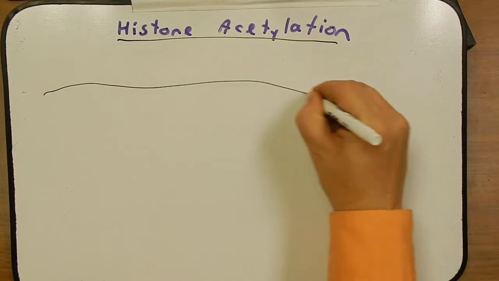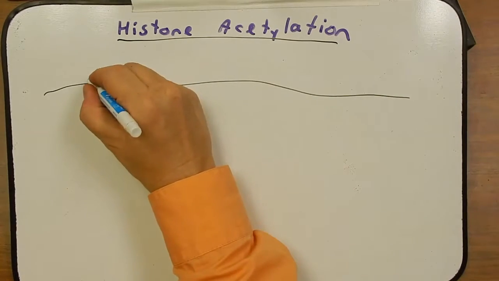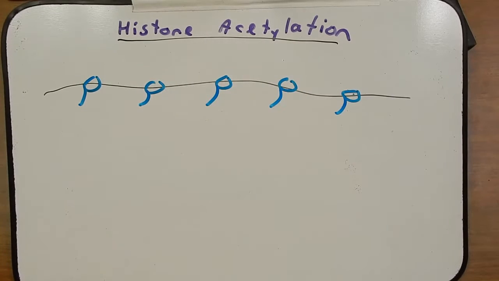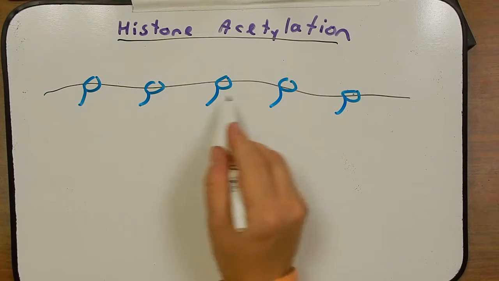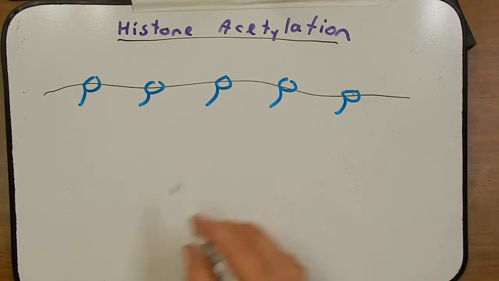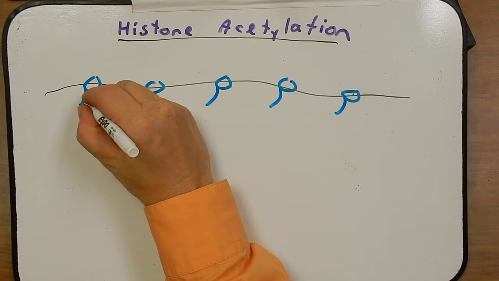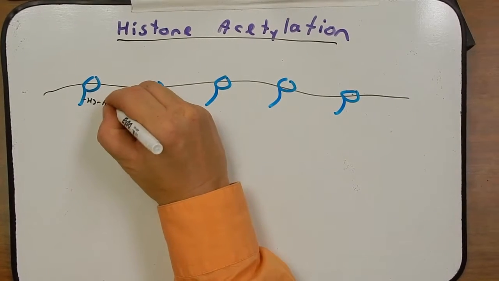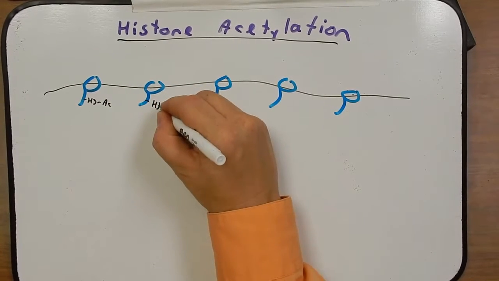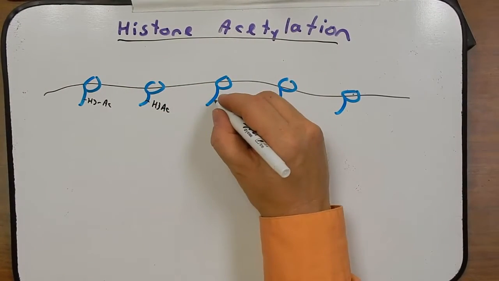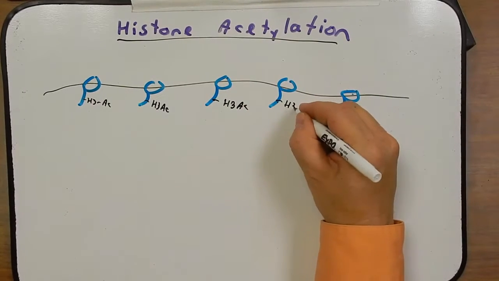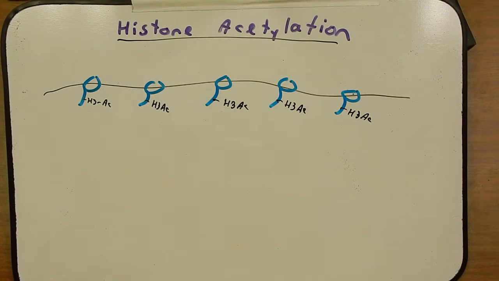So if we have our DNA here with our histones attached, like so, with their internal tails, if the gene underneath these nucleosomes is going to be actively transcribed, we know that the H3 tail is going to be acetylated. And probably not just at one site along that H3 N-terminal tail, but it's going to be heavily acetylated.